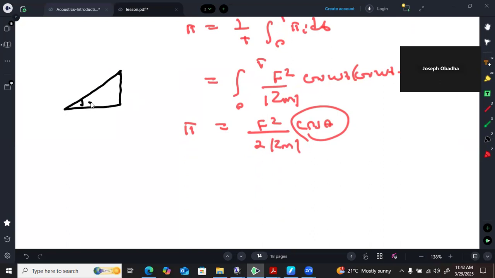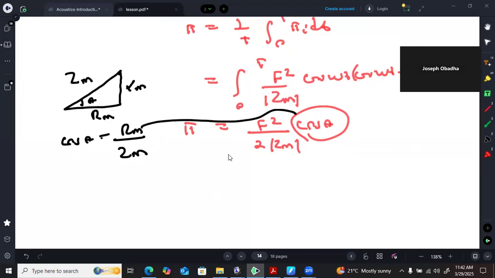Because you can see if I have my theta, I have down here Rm, I have Xm here, Zm, then cos theta equal to adjacent over hypotenuse, that would be Rm over Zm. So I can replace this one here, so that I have p equal to F squared over 2Zm squared times Rm.